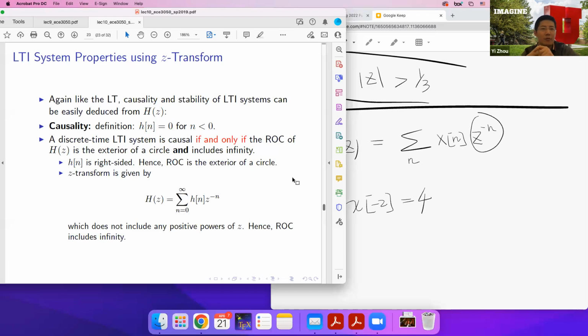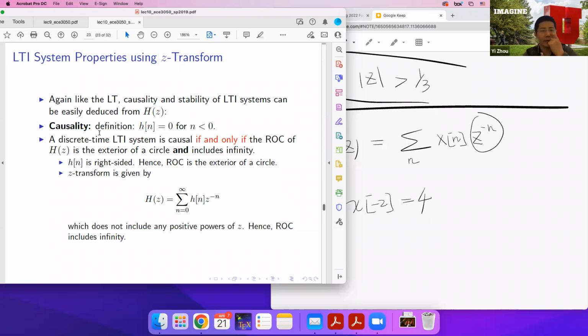And similar to the Laplace transform, we can also use the Z transform to understand all the system properties of discrete time LTI systems. So for example, when talking about causality, here causality means the ROC of the corresponding Z transform is the exterior of a circle and includes infinity.